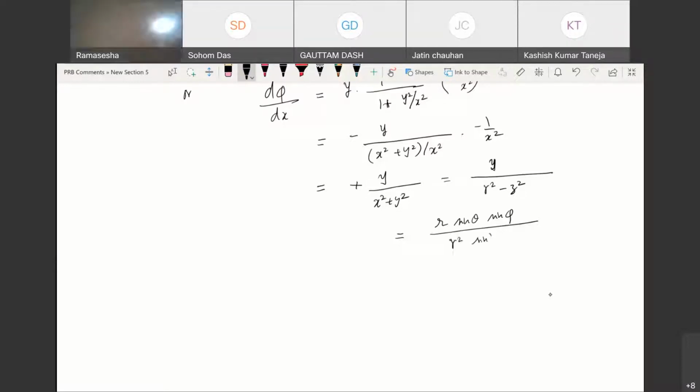So this is going to give me 1 by r sin phi by sin theta. So this is going to give me phi.